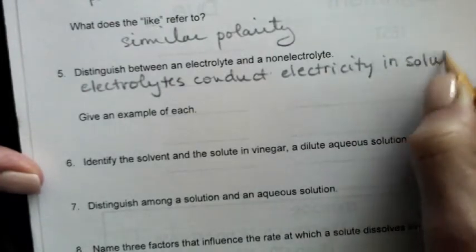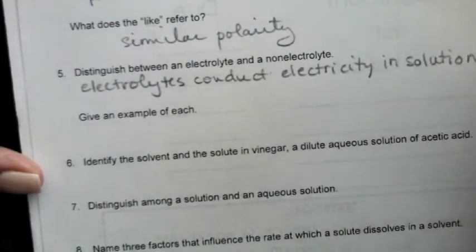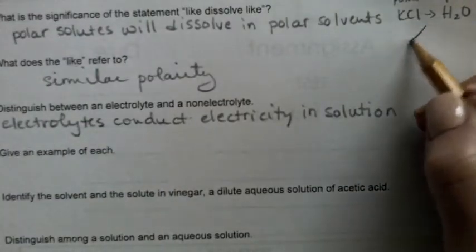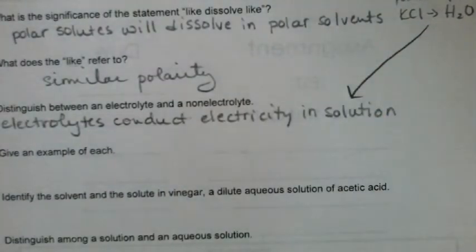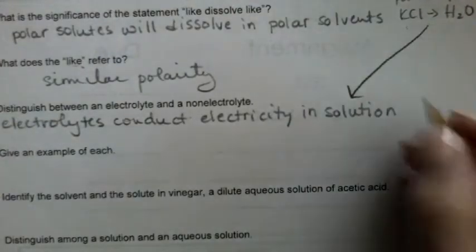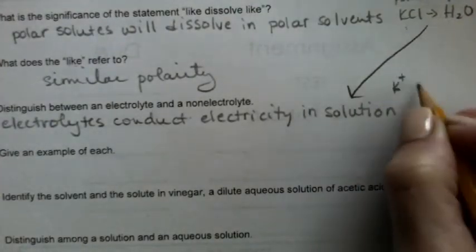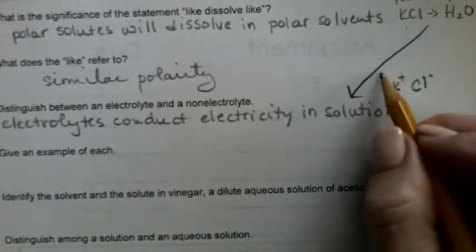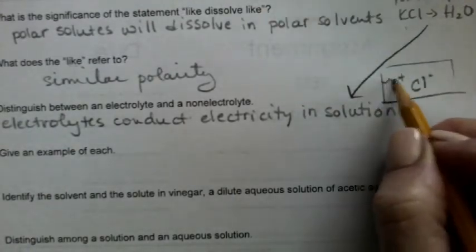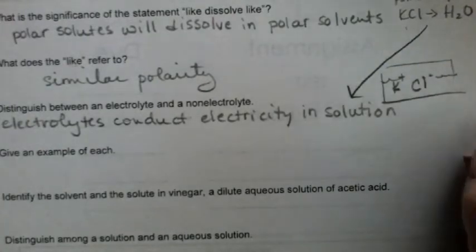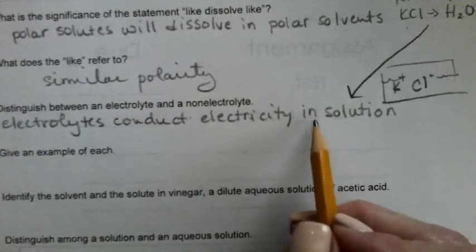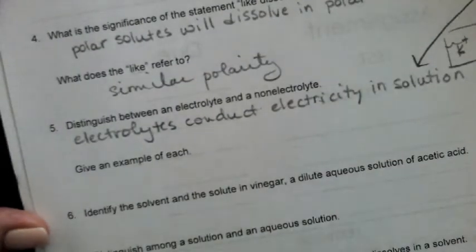So that potassium chloride up here will conduct electricity in solution because this KCl will break apart into K plus and Cl minus when it's dissolved in water, when it's dissolved in some sort of beaker of water. Okay, it'll break up into its little charged particles, and so it'll be able to conduct electricity while it's in that solution.